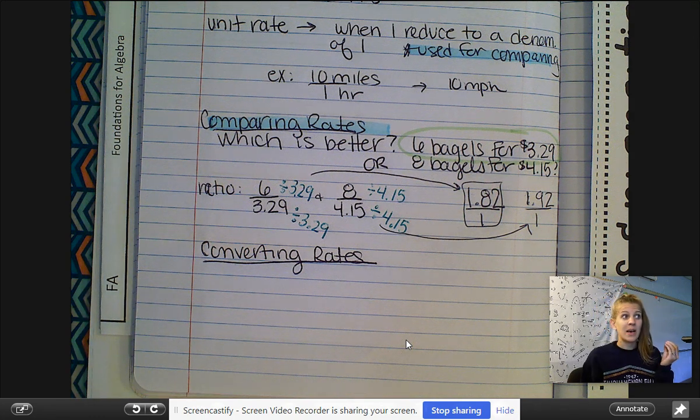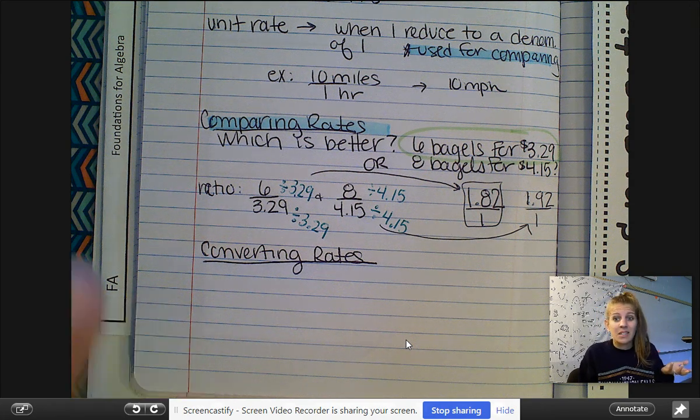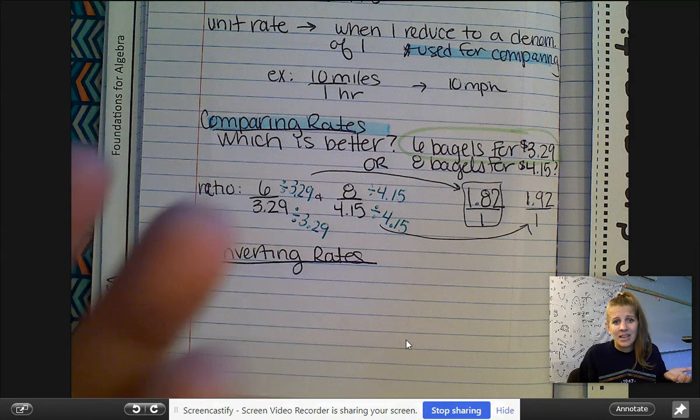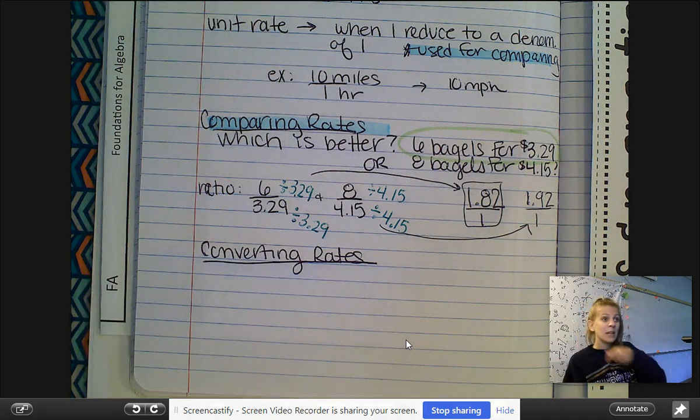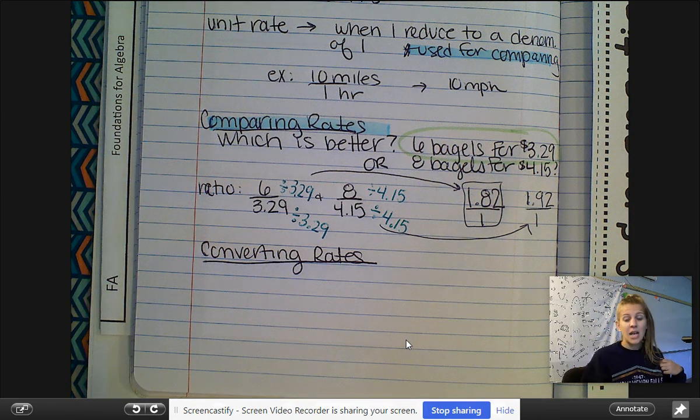Or if we're talking about apples per alligator, I could convert that to, I don't know, feet per otter. It doesn't make sense. It only makes sense with the units of measure that we actually have, like feet, centimeters, ounces, liters, things like that.